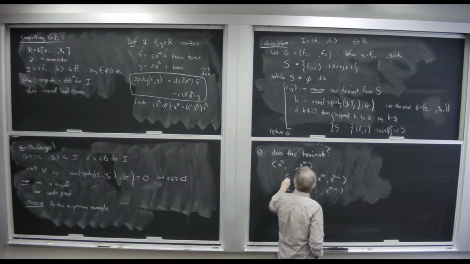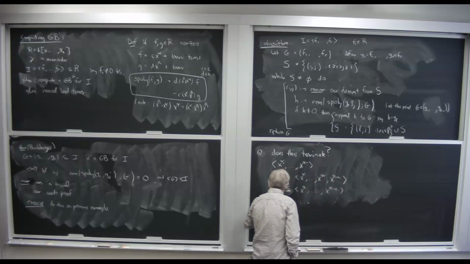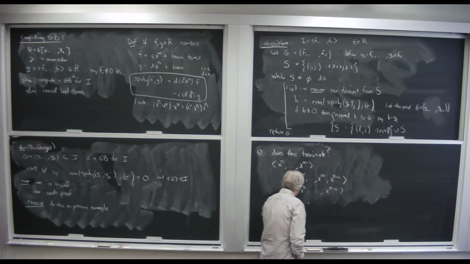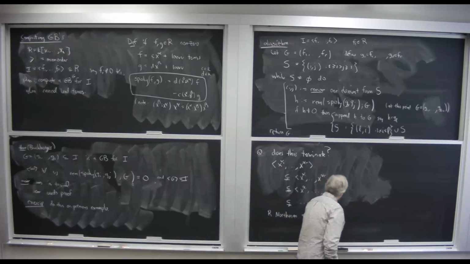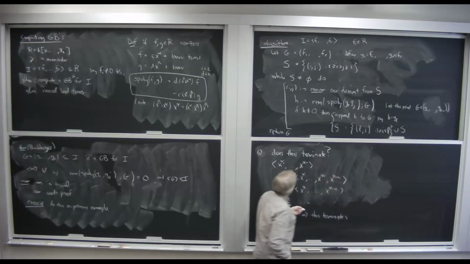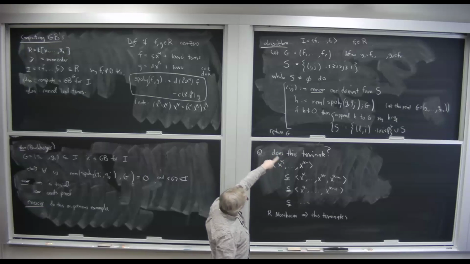So these are all not equal, not equal, not equal. And so R Noetherian implies that this terminates. In other words, it can't go on forever. We don't have any clue how far it'll go. Actually, we have some clue, but we haven't thought about that yet here. Eventually all of those things will start reducing to 0.